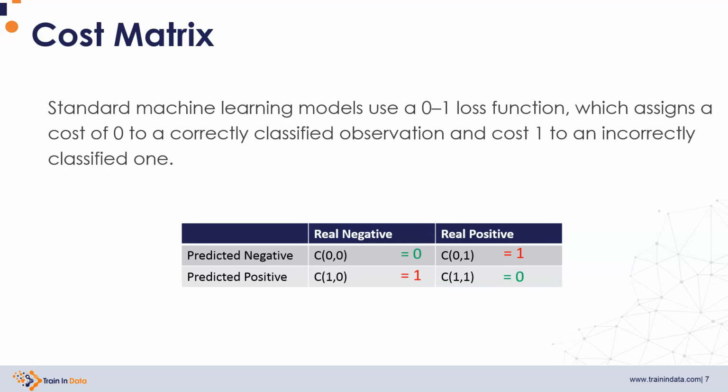Standard machine learning models use normally a 0-1 loss function, which assigns a cost of 0 to correctly classified observations, as we see in this diagonal, and a cost of 1 to an incorrectly classified observation, as we see in the other diagonal.